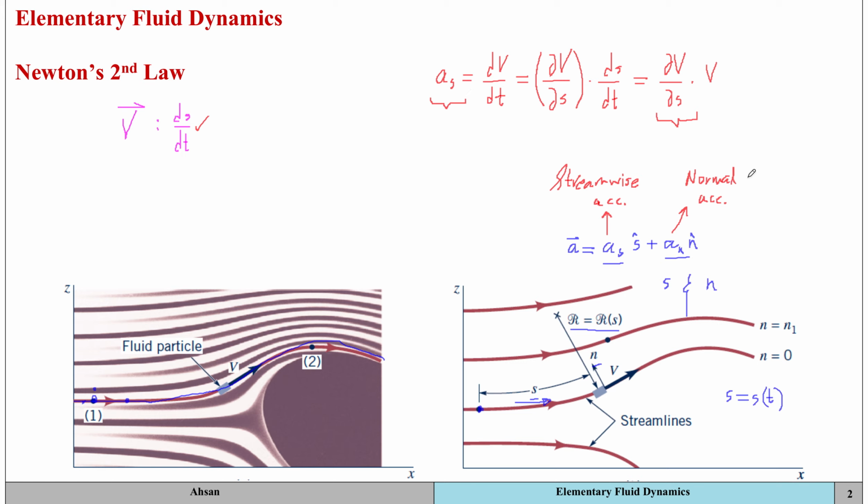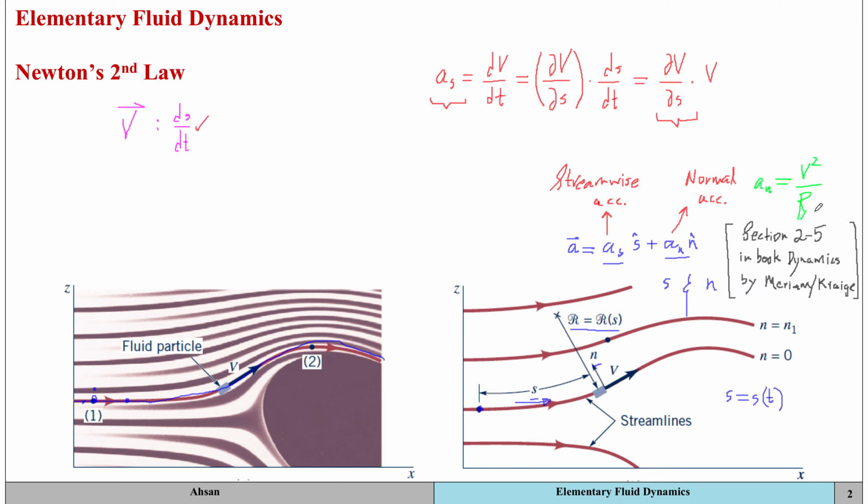Whereas the normal acceleration comes directly from the concept of dynamics, and it's represented by AN, which is equal to velocity squared divided by the radius of curvature of the streamline.